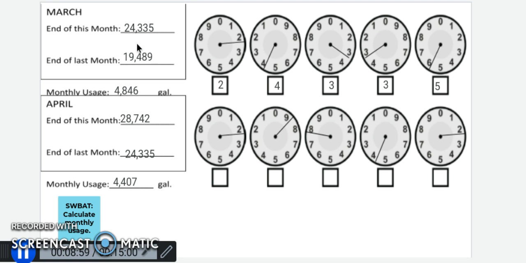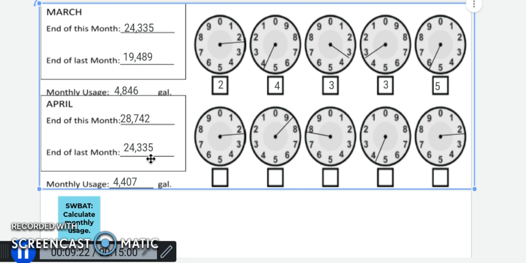So in January, we're going to flip back a couple slides. Our January monthly usage was 2,433.